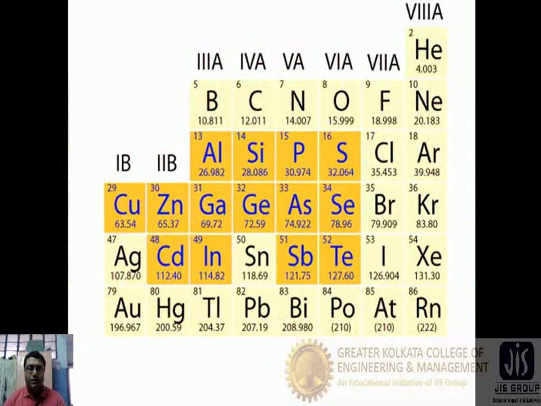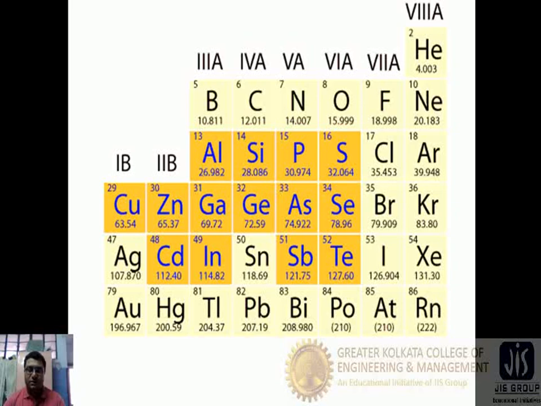For the semiconductor, we can find here silicon and germanium, which are group 4 elements, used as semiconductor material. The semiconductor materials can be classified in the following slides.